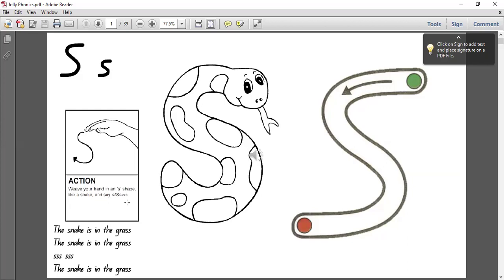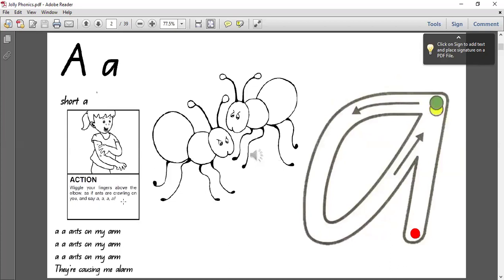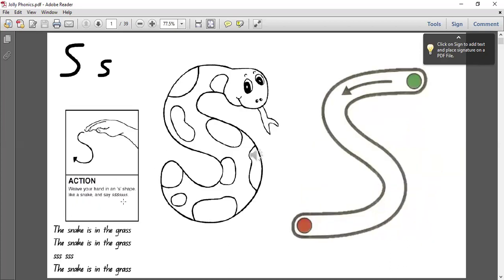So this is the complete action and presentation if you are doing letter S rhyme. For example, how we sing it: the snake is in the grass, the snake is in the grass, snake is in the grass.